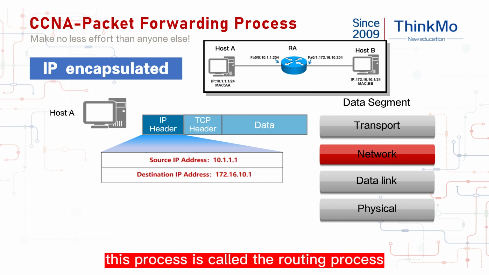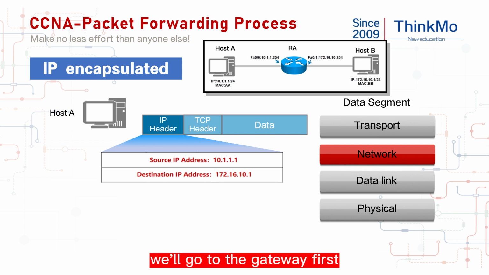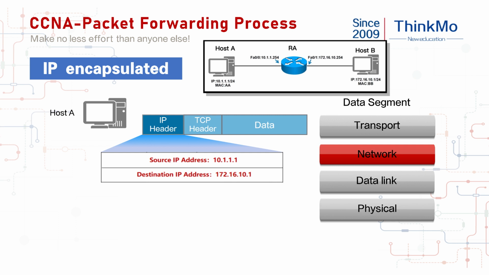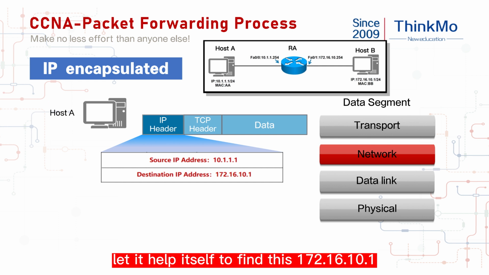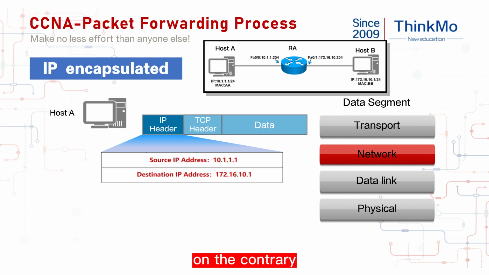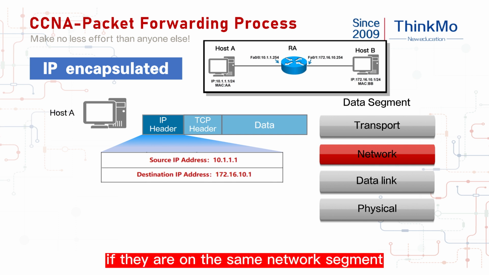This process is called the routing process. When the host is actually accessing, we go to the gateway first. The configured gateway is 10.1.1.254. It looks for 10.1.1.254 and lets it help find 172.16.10.1. On the contrary, if they are on the same network segment, host A will not find the gateway.